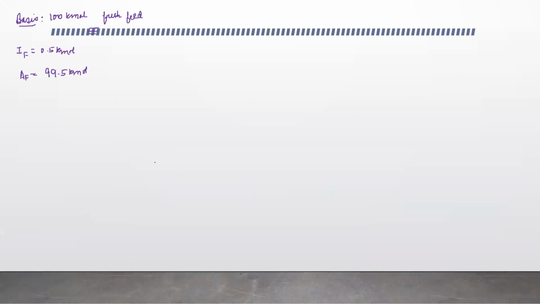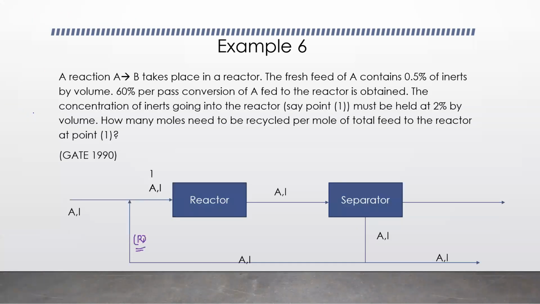So in that case, the mixed stream is going to be M. This is going to be F. This is R. This I'll take as D. Okay, this is my F. Sorry, not F. This is P, purge stream. All right. So these are the letters that I'll be using over here.